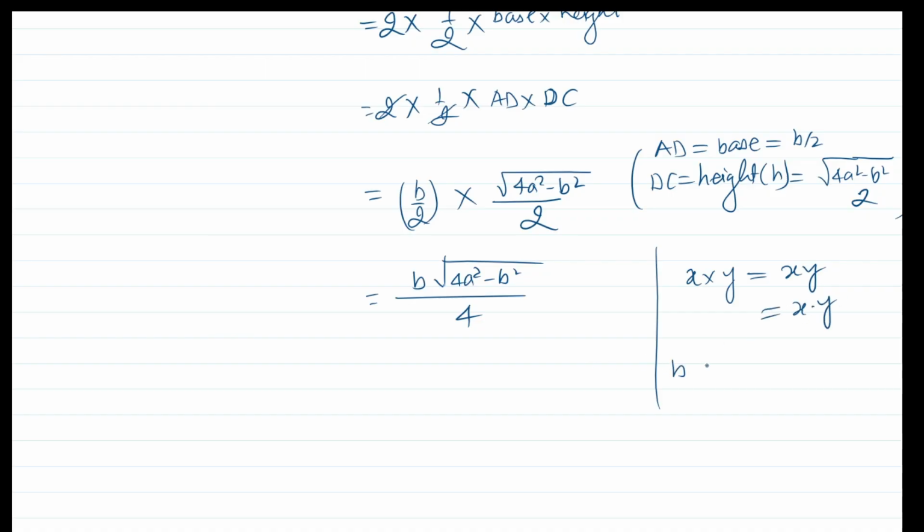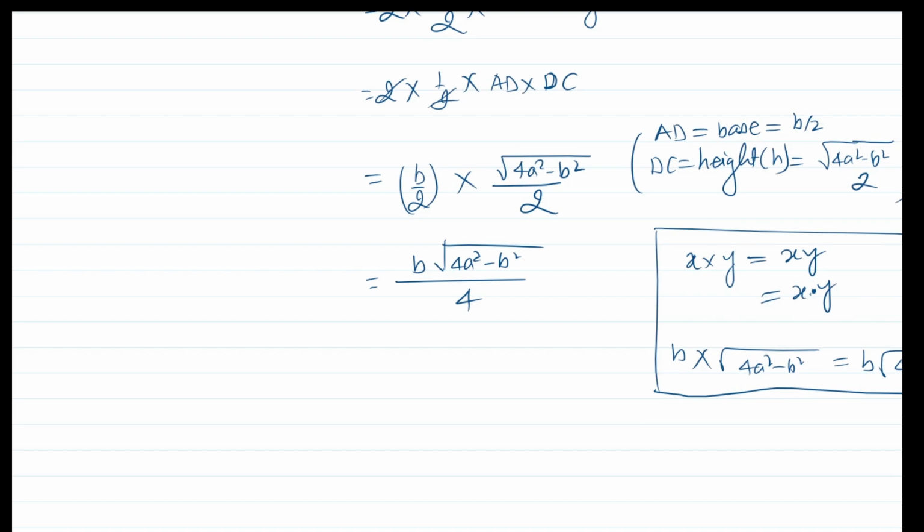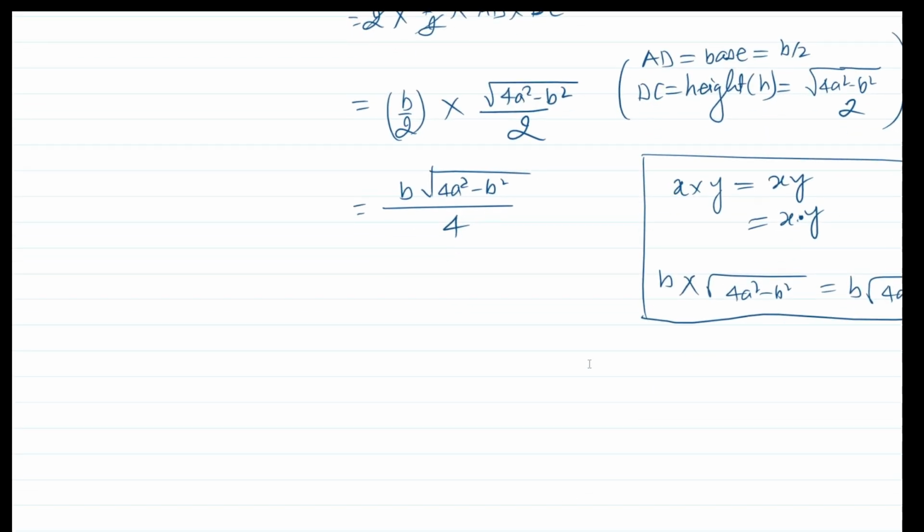So here b times under root 4a square minus b square can be written as b under root 4a square minus b square. Both are the same, right? In algebra, we treat dot as a product, as a multiplication. So these are the basics of algebra you have to keep in mind.